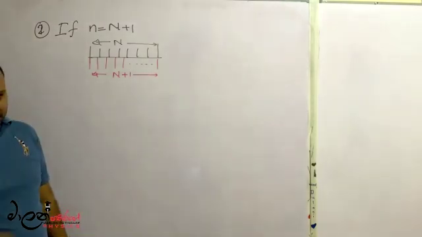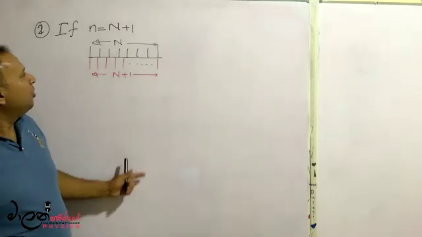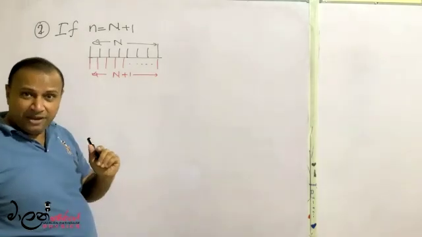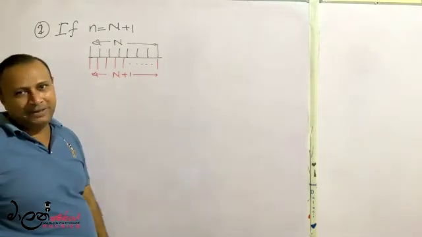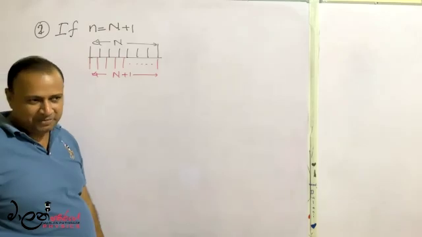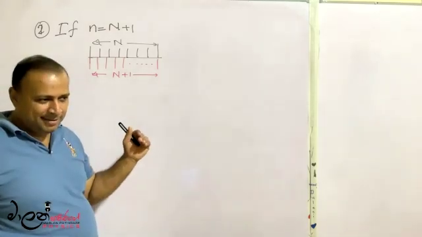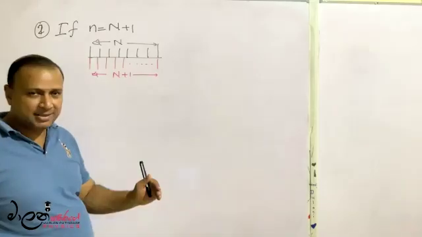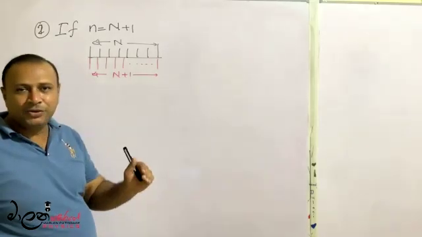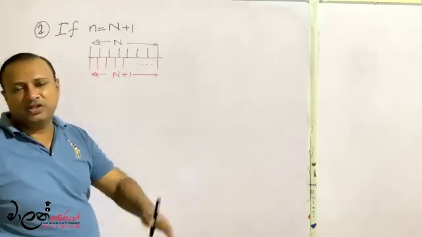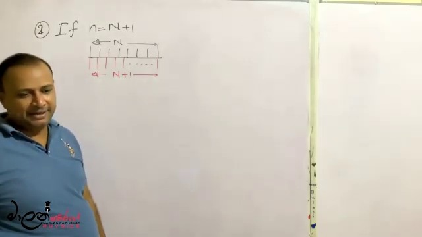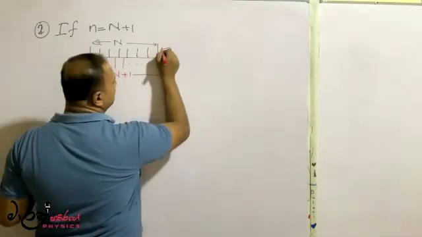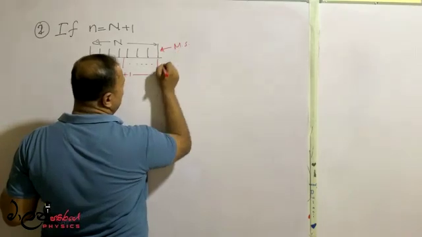And therefore, the second case is if simple n is equal to capital N plus 1. That means capital N number of divisions in the main scale are divided into N plus 1 number of divisions in the vernier scale.